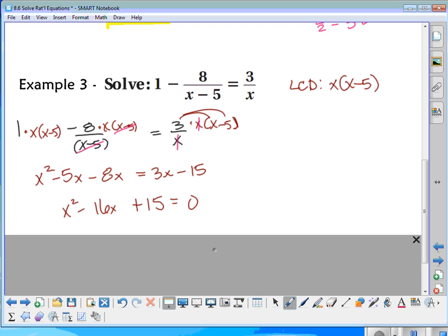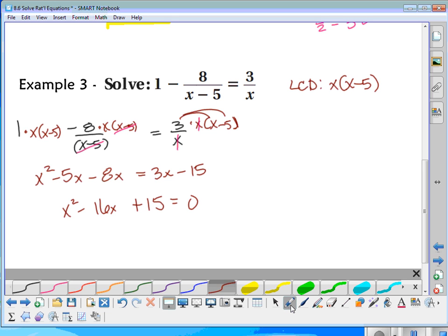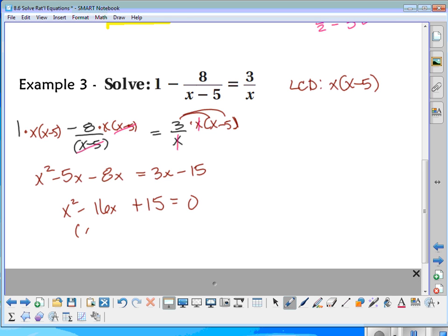Because the negative 5 and negative 8 gave me negative 13x, and I had to subtract another 3x and then add the 15 over. And so then I factor that, and it's x minus 1 times x minus 15. And so if I solve it, I get that x is equal to 1, or x equals 15.